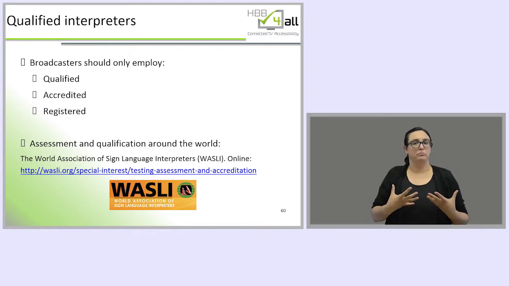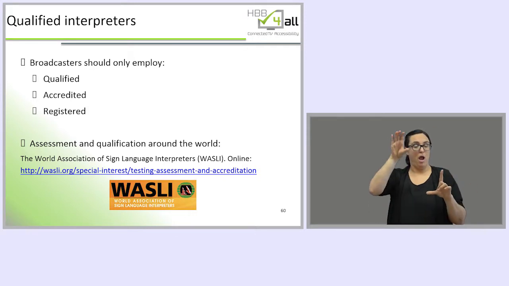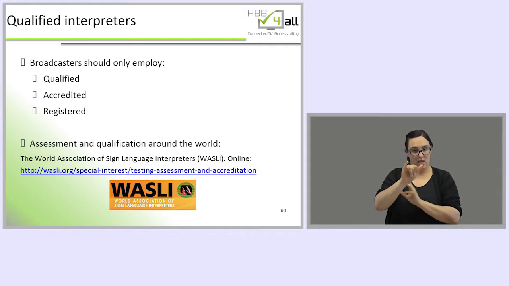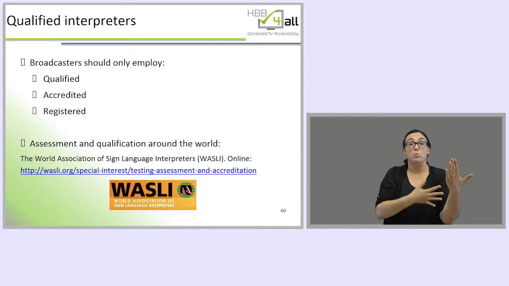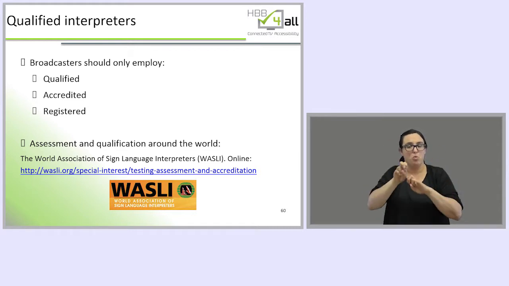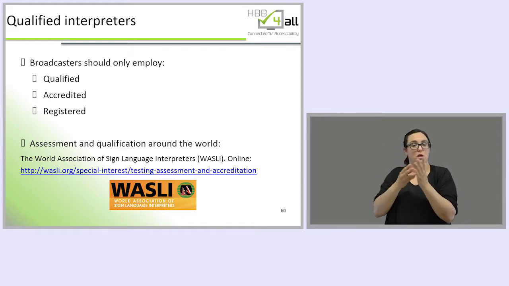To know the different assessment and qualification that your national sign language interpreters should have, you can access the WASLI website, the World Association of Sign Language Interpreters. If your country is not listed on their website, you can always try to find the National Association of Sign Language Interpreters within your country.